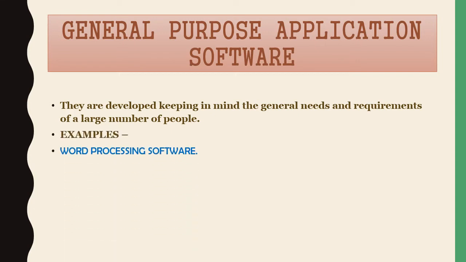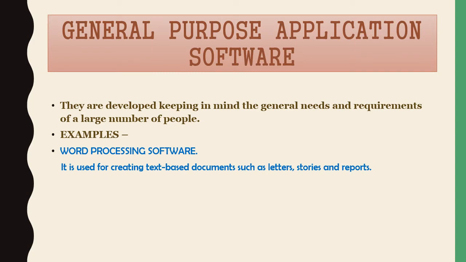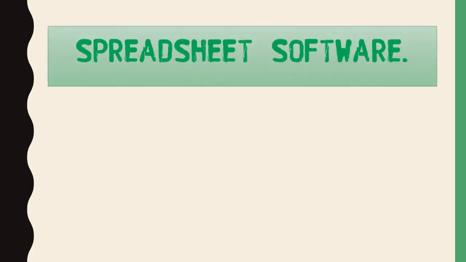Examples are word processing software. This particular software is used for creating text-based documents such as letters, stories, and reports. Some of the examples of word processing software are MS Word, WordPad. Next one is spreadsheet software.